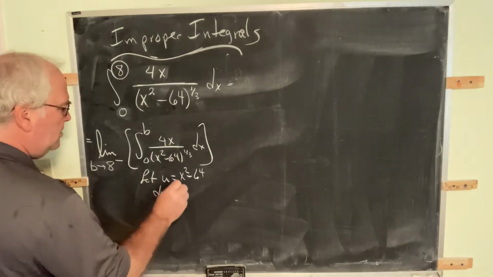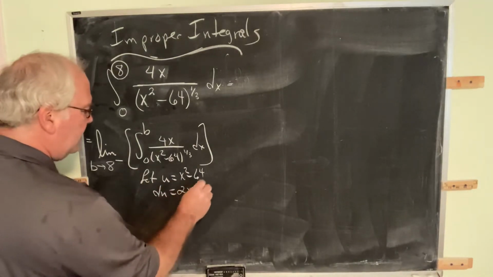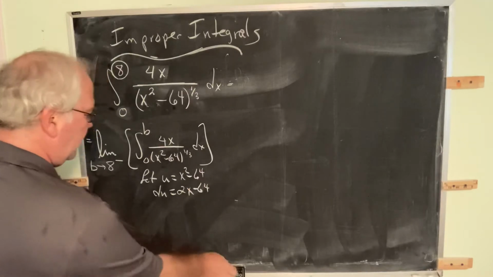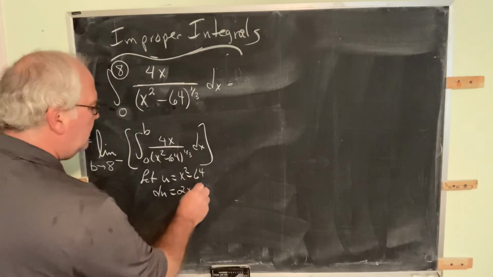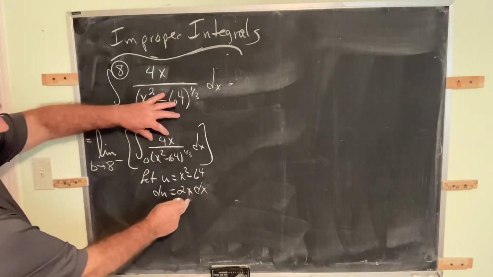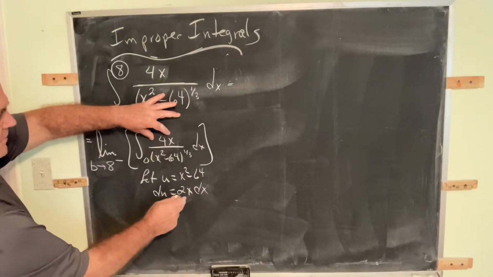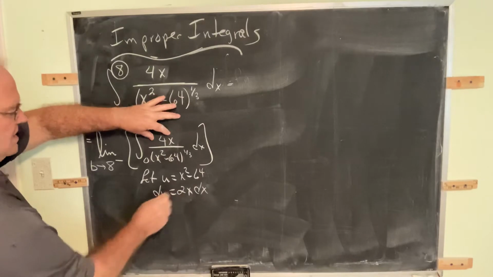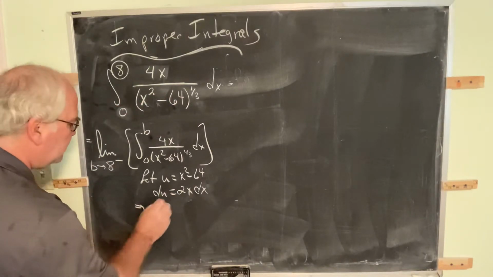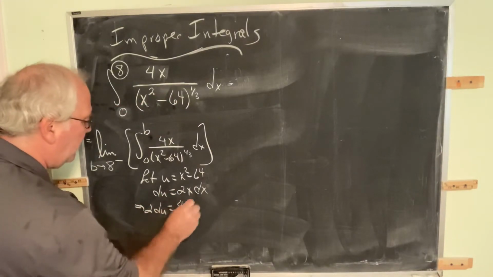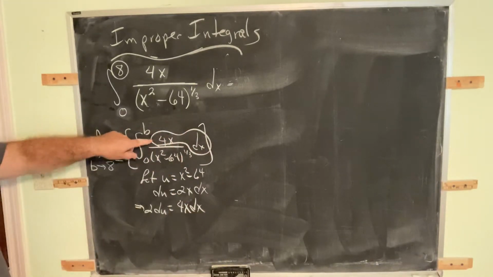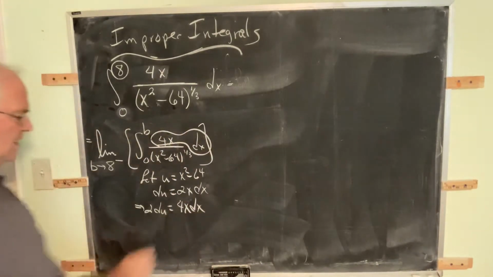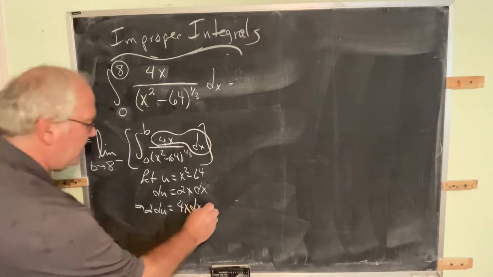So du is equal to the derivative of x squared minus 64, which is 2x dx. I don't want 2x dx, I want 4x dx. So multiply both sides of this equation by 2. This implies 2 du is equal to 4x dx, which is exactly what we wanted. All right, so the substitution is now exact.